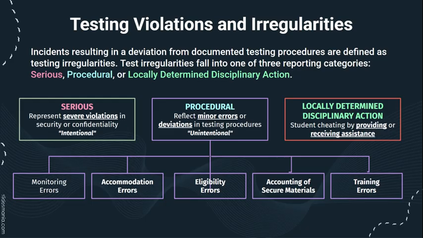In general, serious violations involve an intended act by a staff member, such as to alter a test response or discuss test content. Procedural testing irregularities are less severe, more common, and typically the result of minor deviations in testing procedures. Procedural irregularities fall into one of these categories: monitoring issues, accommodation errors, eligibility errors, improper accounting for secure material, and other errors.